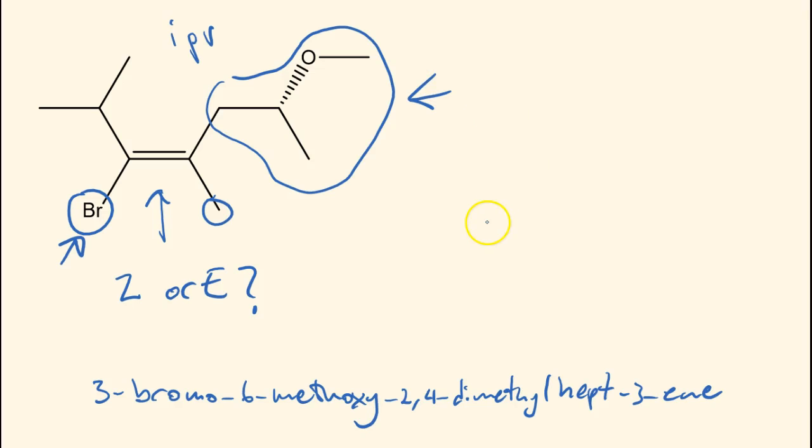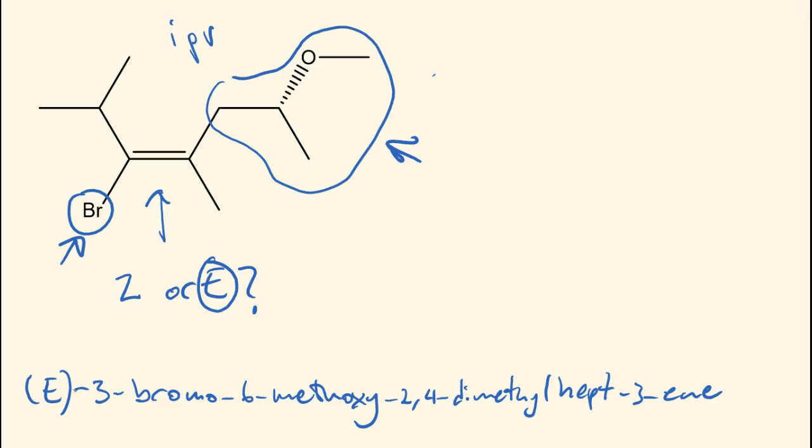Now notice that those two groups are trans to each other, so the stereochemistry around the double bond is E. Right? Because those are our two highest priority groups. So we would need to put an E in parentheses in front of our name.